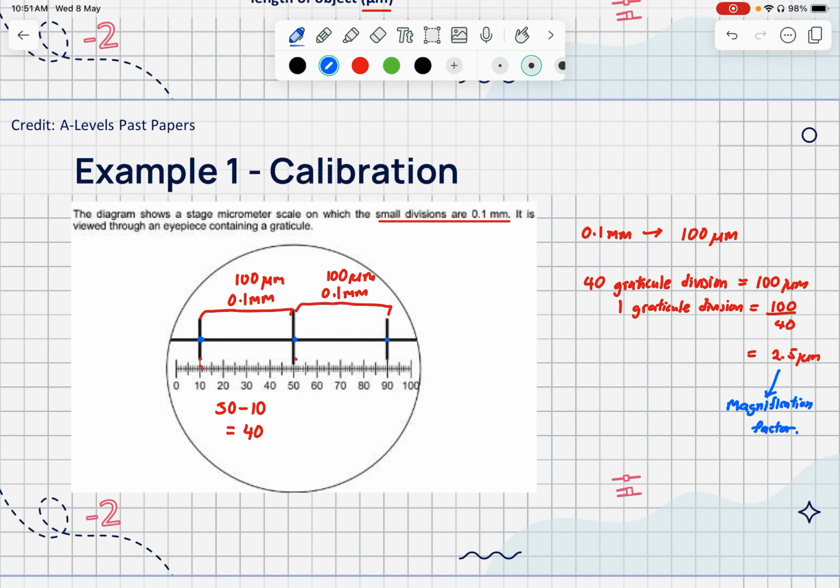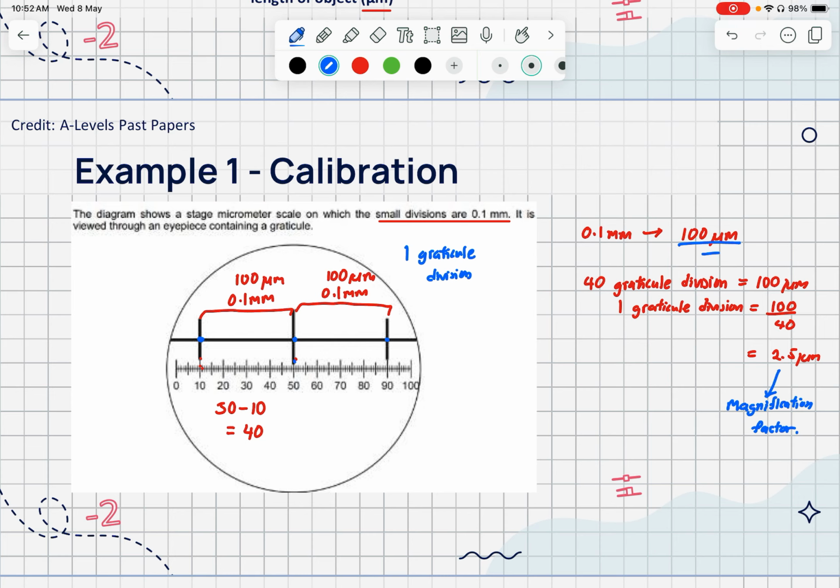What I told you before is to convert all of your values into micrometers so that it's easier to calculate. So 0.1 millimeters will become 100 micrometers. And now you want to find what is one graticule division. The whole point of calibrating is to find out what is one graticule division.